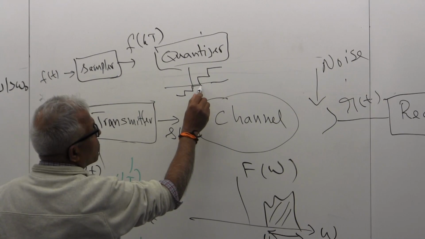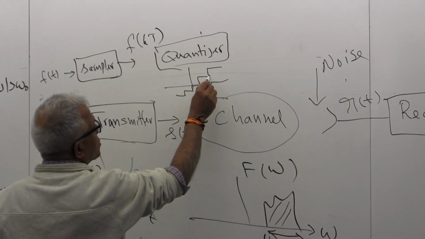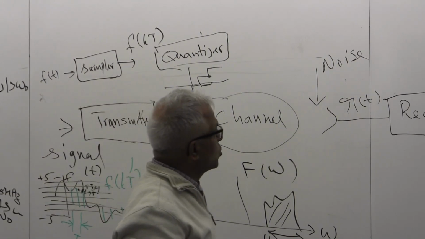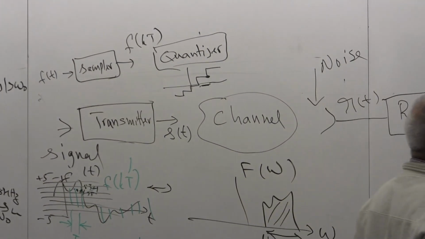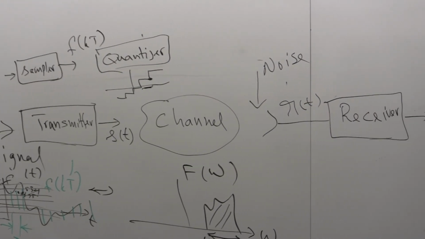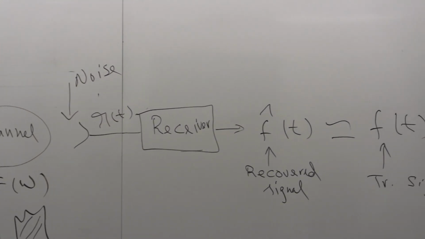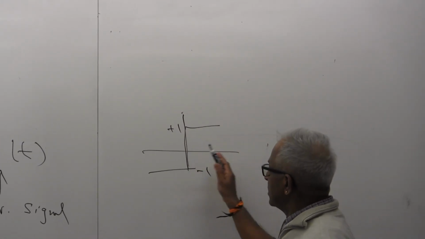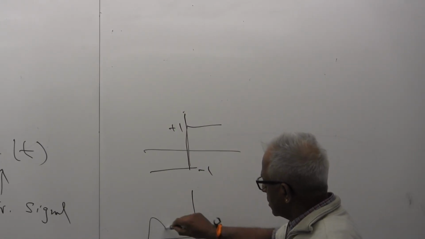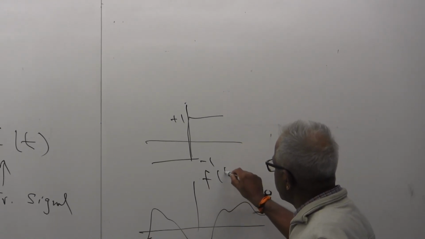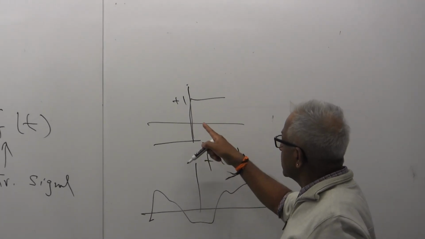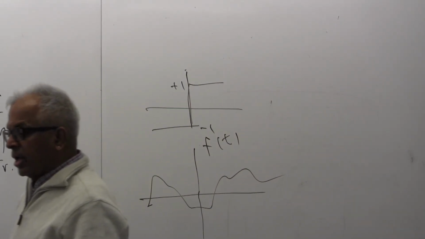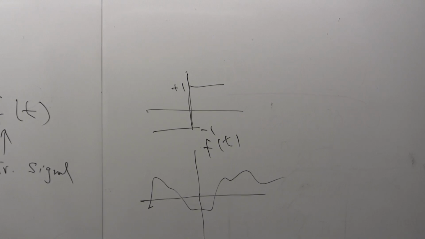So the meaning is, if f(t) is anywhere here, you just stick it to one value. So let me write down an equation. For example, let me show you a two-step quantizer. So this is a two-step quantizer. This is f(t). This two-step quantizer means if the signal is positive, you take plus one value. And if the signal is negative, a minus one value.